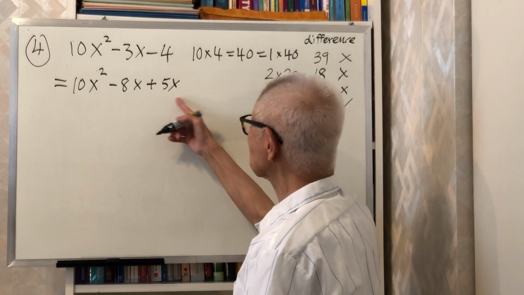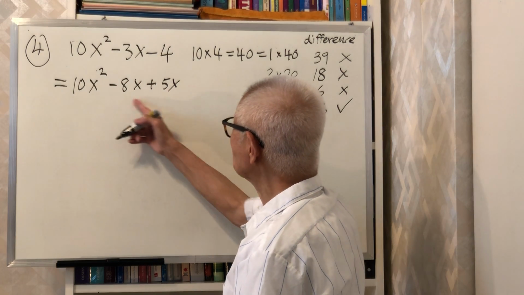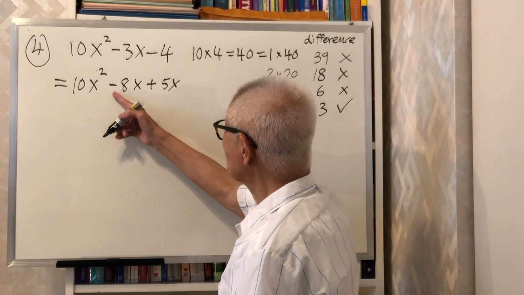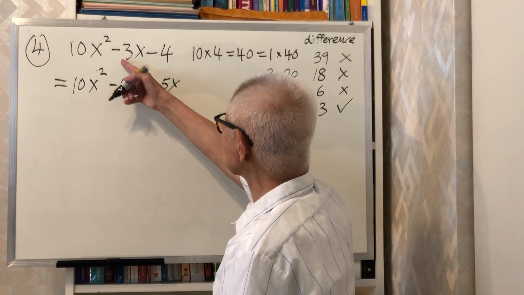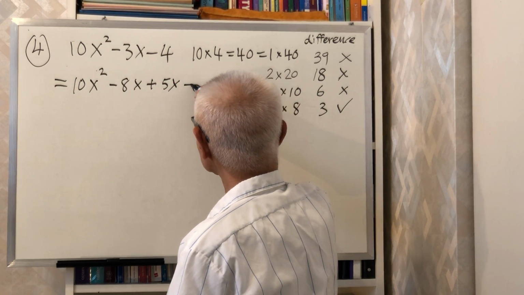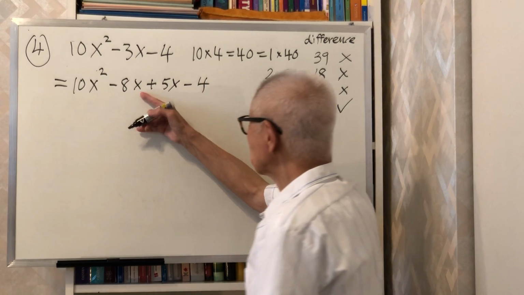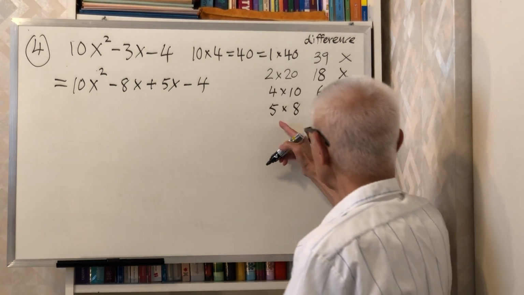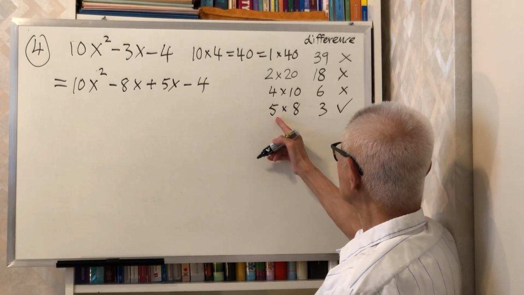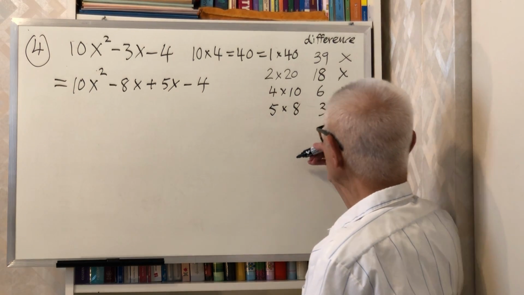If you put minus 8x plus 5x together, you get minus 3x. So this 8 and 5 comes from here. 8 and 5, and the difference is 3.